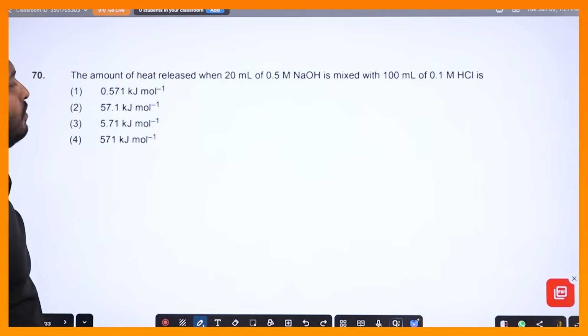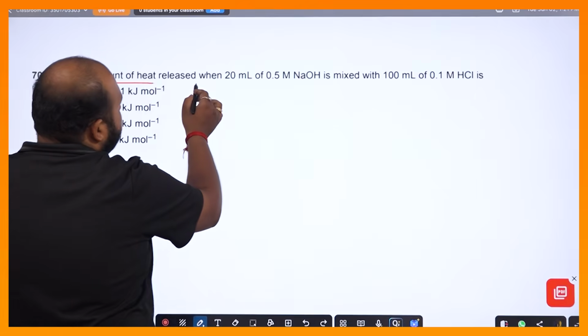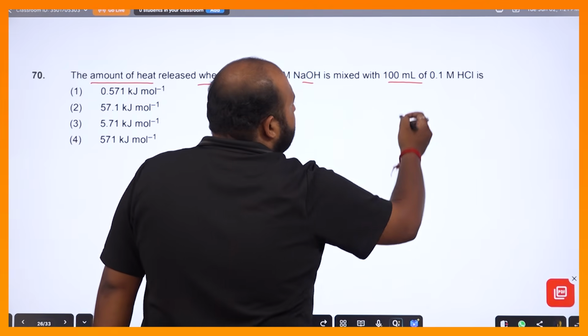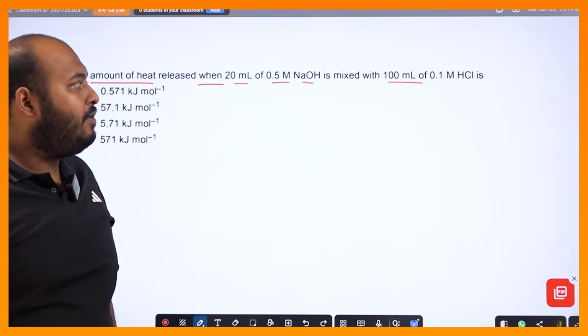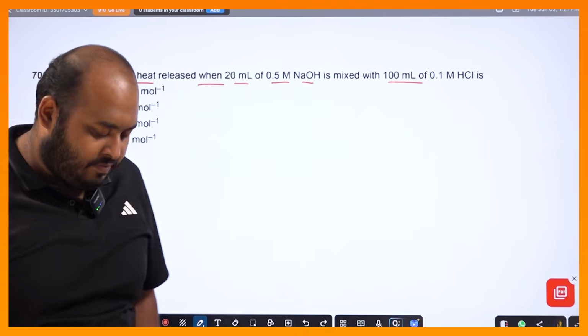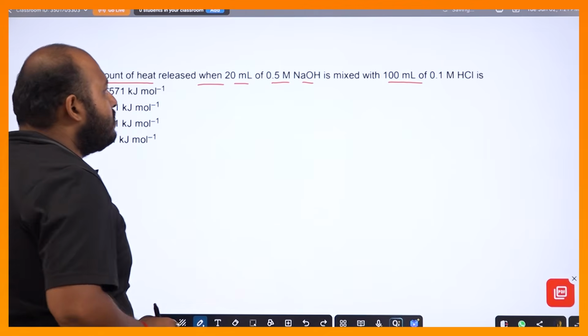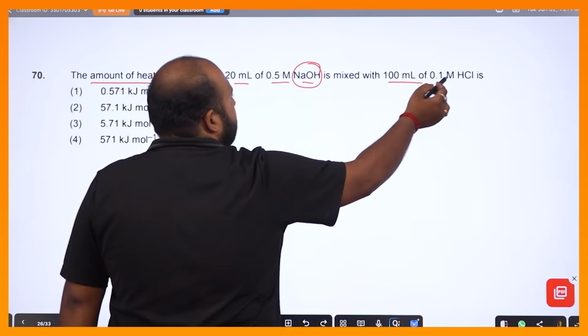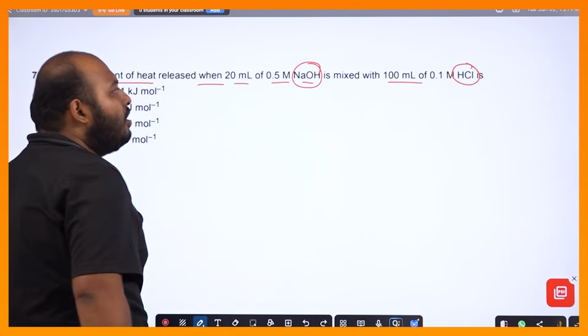Okay. So our next question is asking the amount of heat released when 20 ml of 0.5 molar NaOH is mixed with 100 ml of 0.1 molar HCl. So students, remember one part, that this is a question which has asked for a strong acid.